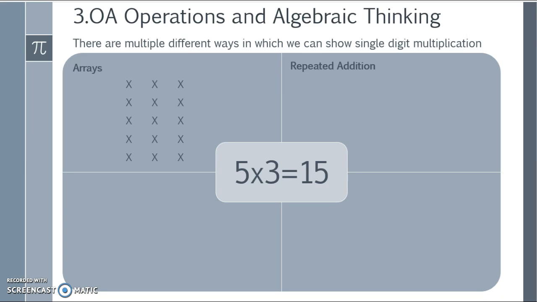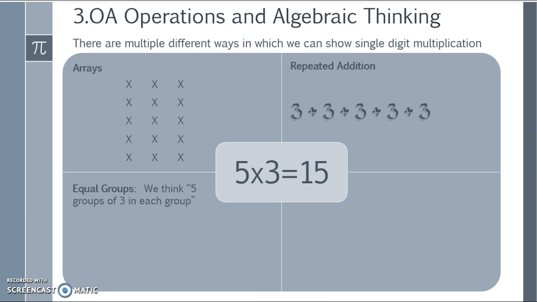The second one is repeated addition, which shows from second grade more into the arrays. So I can add 3 plus 3 plus 3 plus 3 plus 3, or we could add 5 plus 5 plus 5. We could create equal groups.